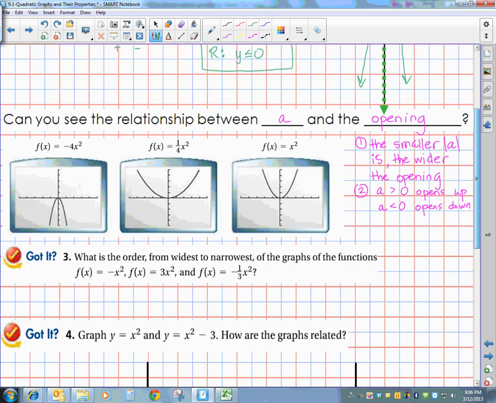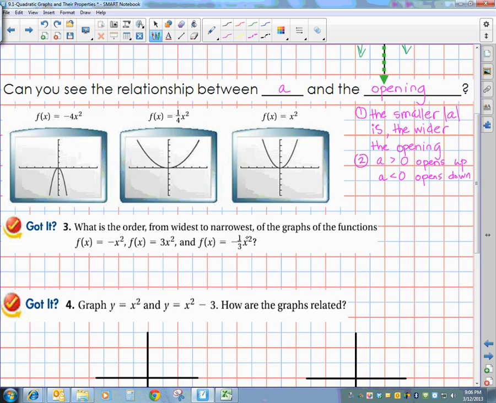So from that, if you're given a set of equations, f of x equals negative x squared, 3x squared, or negative 1/3 x squared, and you have to order them from widest to narrowest, then you look and see the widest one will be the smallest a. So this is a 1, this is a 3, that's 1/3.